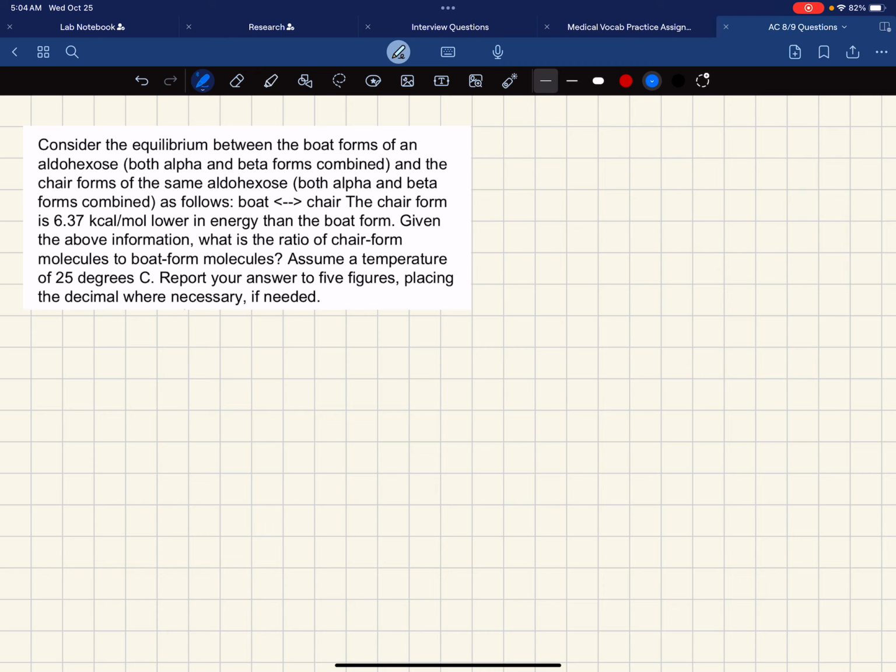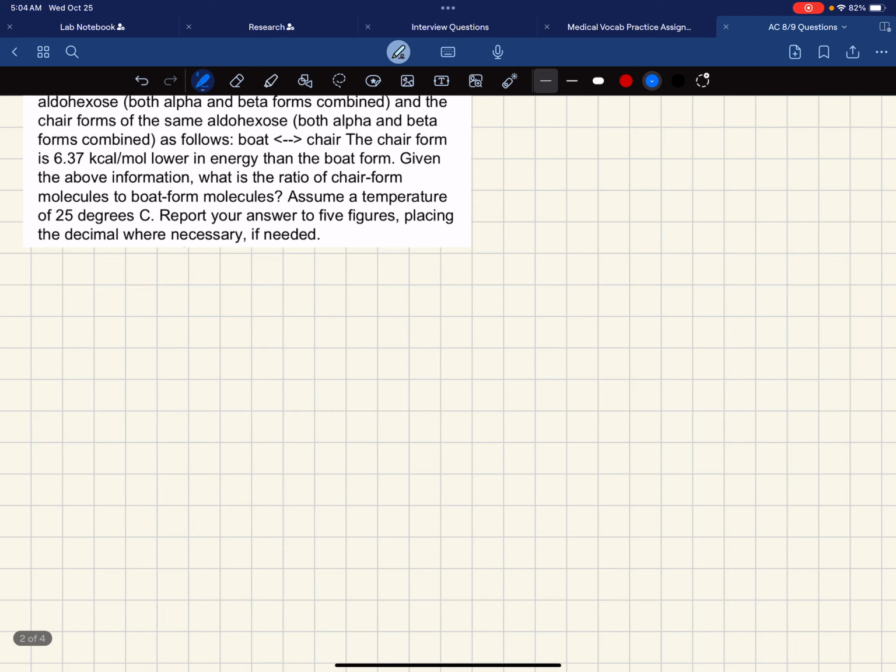And so the way that I always like to do these is I like to start out with the equation that I'm working with, and I like to draw the graph first. So what he's saying is that if I have a graph with delta G naught here, and this is the reaction coordinate, then my curve is going to look like this, where the boat form is higher in energy than the chair form.